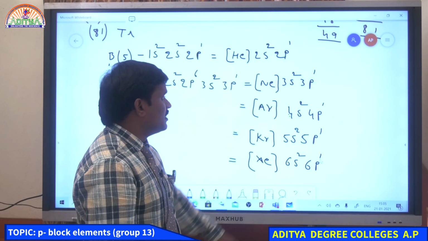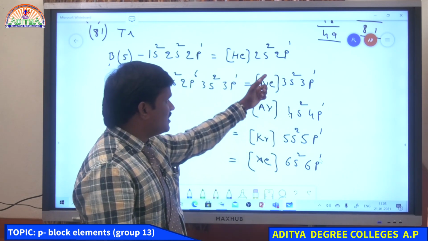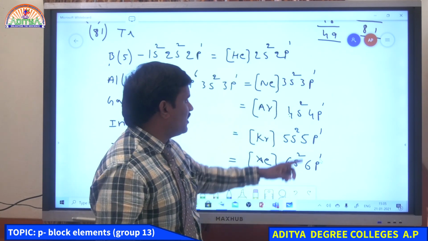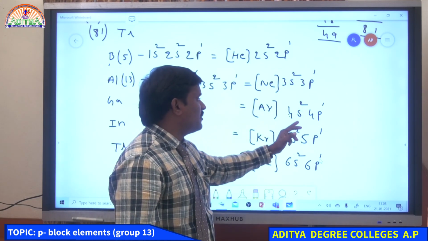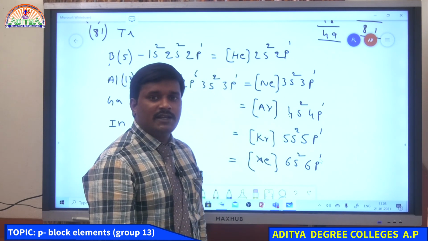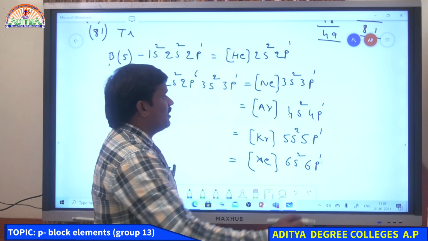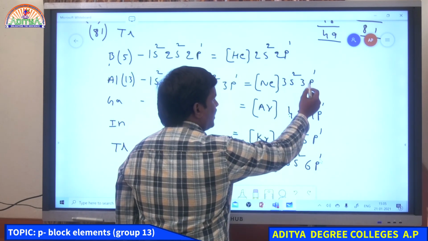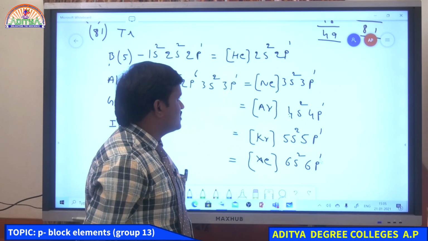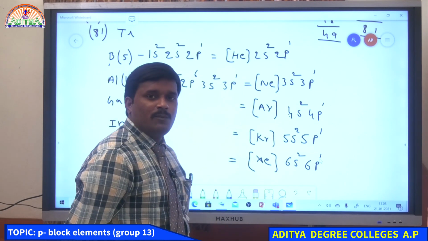In all of these, the last electron enters into a p orbital, and there is only one electron in the p orbital and 2 electrons in the s orbital, so totally 3 electrons. That is why these are the 13th group elements. Here the p electron enters the last p orbital. Therefore these are all examples of p block elements.